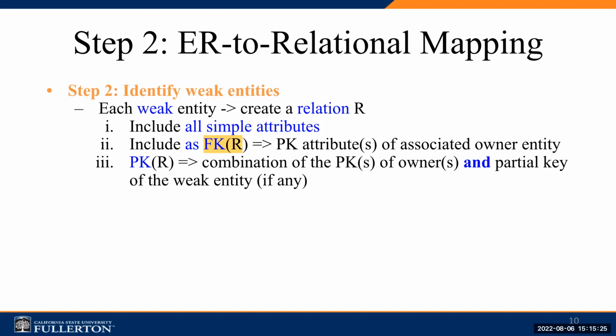Keep in mind, given it's a weak entity, it would not have a primary key of its own, hence the foreign key. So for this new relation R that you're creating, the primary key that you would set is the combination of the primary key of the owner entity and the partial key of the weak entity, if there is a partial key.